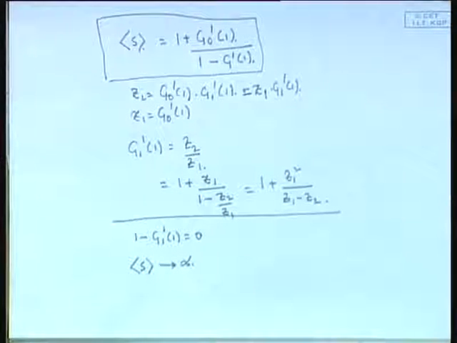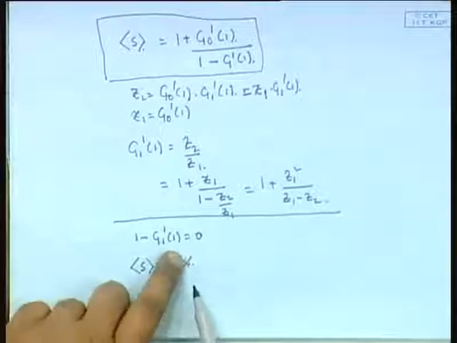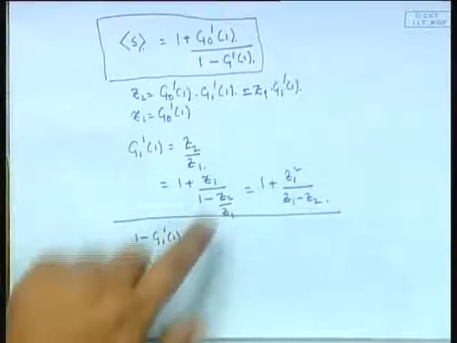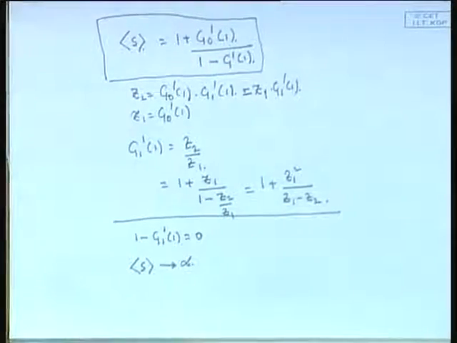Yeah, very good. So, what is happening is, as soon as you make 1 minus G 1 dash 1 equal to 0, then this becomes infinity. Okay. And when can it become infinite? When can the average component size become infinite?